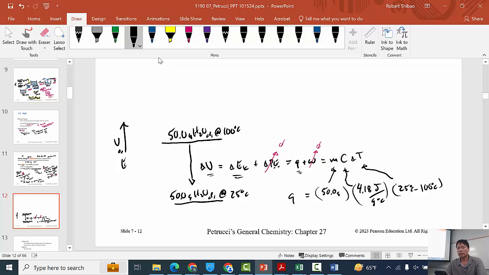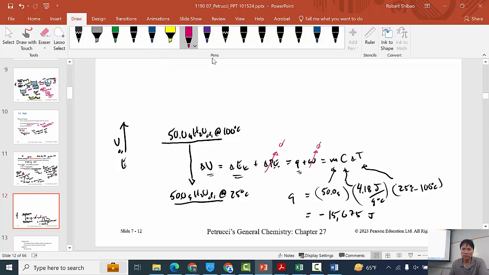All right, so if we calculate it here, we have 50 times 4.18 times 75. And that gives us minus 15,675 joules.